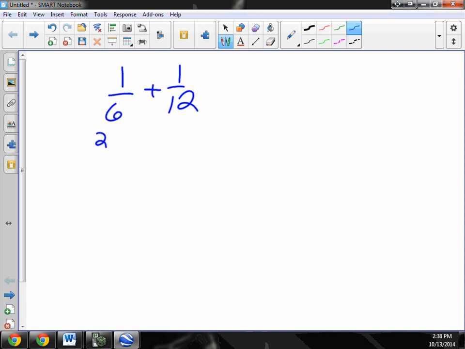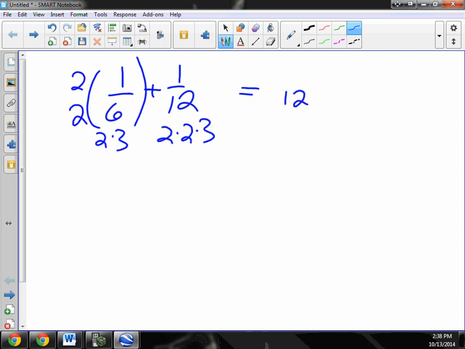So this is 2 times 3, and this is 2 times 2 times 3. So my common denominator is going to be 2 times 2 times 3, which is 12. So this one needs a 2. So this would be 3 over 12. Right, you have to match this denominator and this denominator. Well, does 3 over 12 simplify? Yeah, it's 1/4. So it can happen. After you add, you could have something that simplifies.